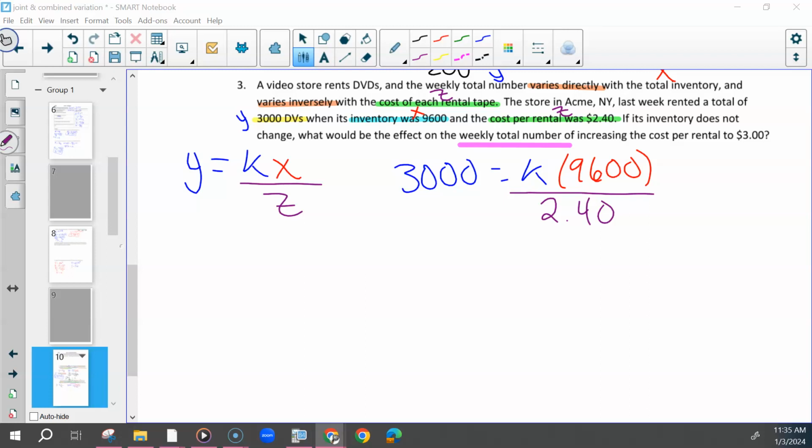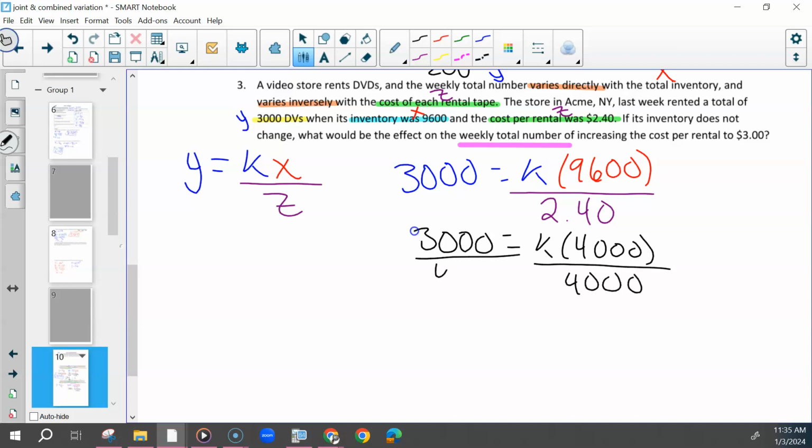Say that number one more time. 4,000. So that will be all around 4,000. Right, and then divide 3,000 by 4,000. K equals 0.75. 0.75 or 3/4, either or.